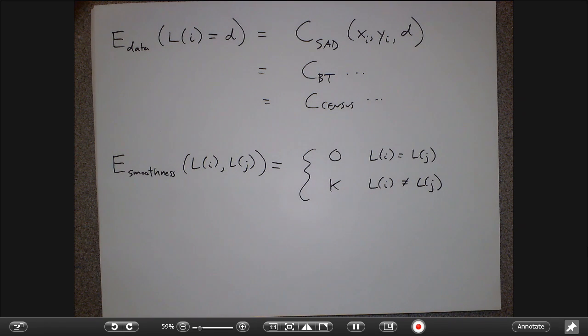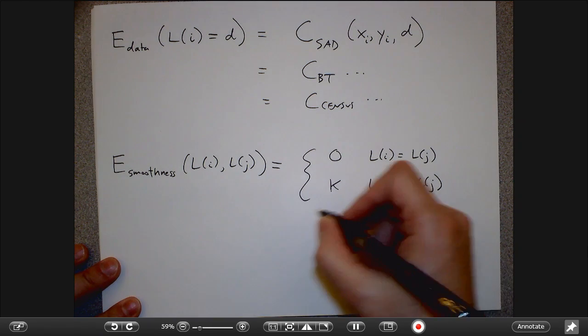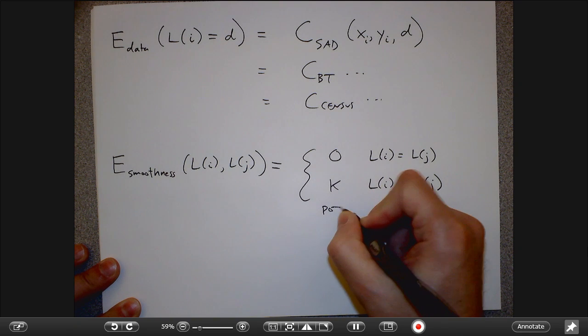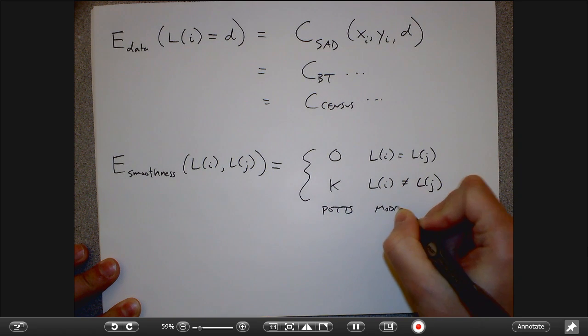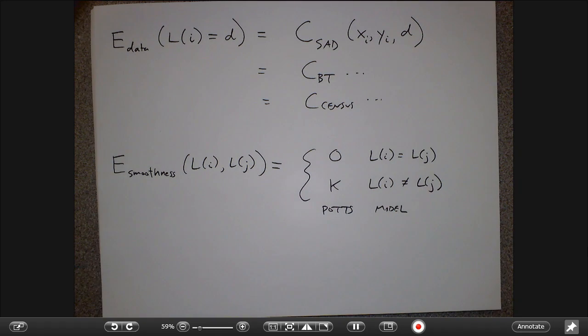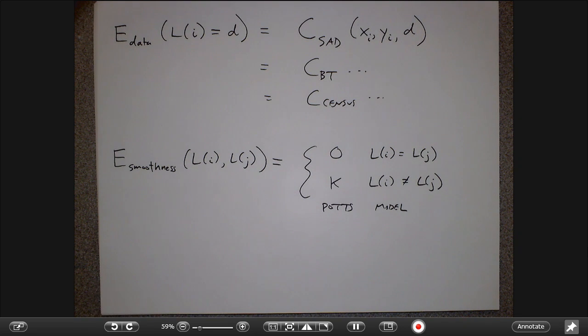This is called the Potts model. The way to think about this is that I'm adding a constant value to the entire cost function every time my neighbors don't agree across the edge, so the more disagreements there are, the higher the cost function is.